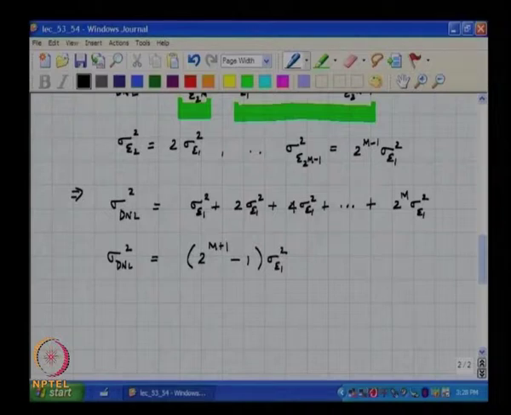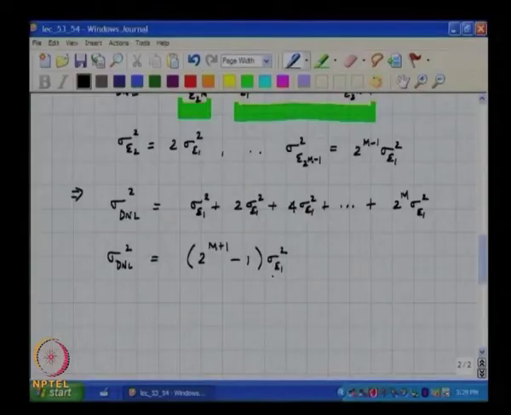Please note that m stands for the number of bits being decoded in a binary fashion. Okay. All right. So, one sanity check is to make sure that for m equal to 0, you must get the variance of a single element, which is definitely what you are getting, is it not?